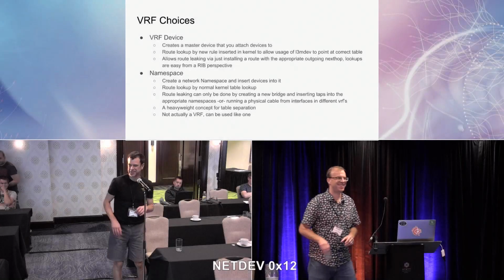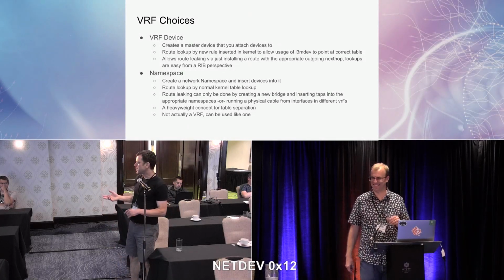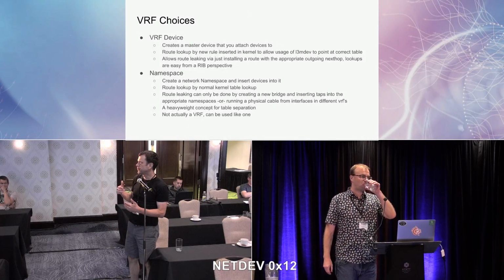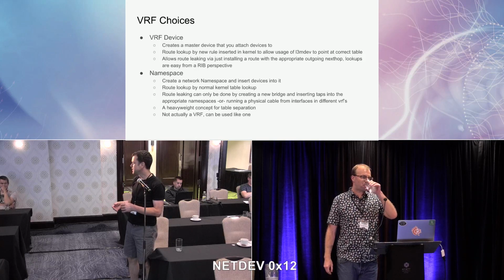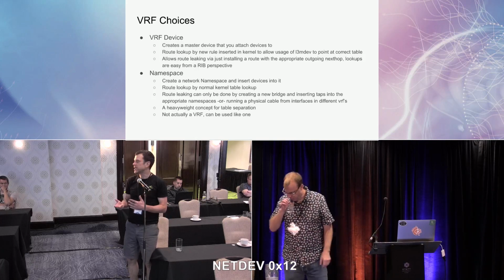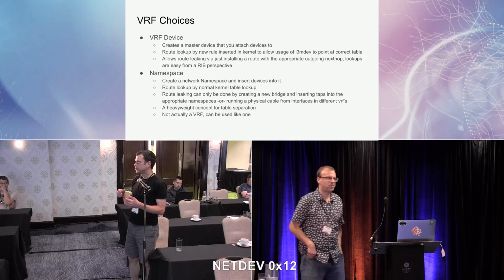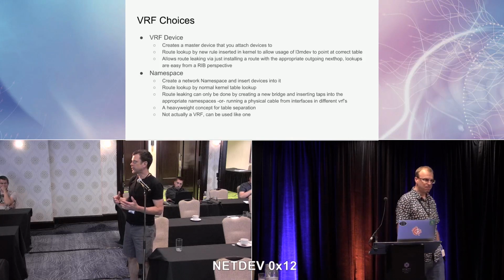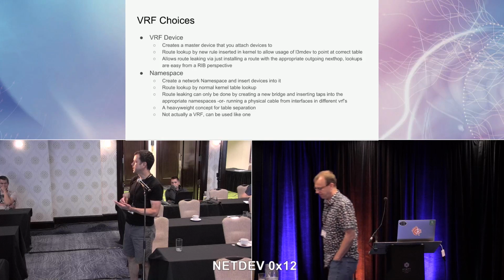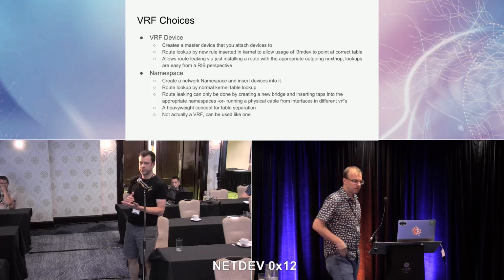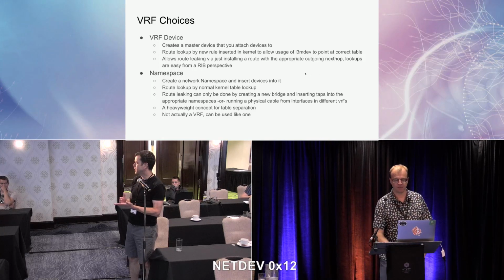Just to add some words to the request for FRR to create VRFs: the decision at the time, as I recall, was that you don't use FRR to create things like bridges, which connect devices for layer 2. So the decision was, let's not do the same thing for VRF.